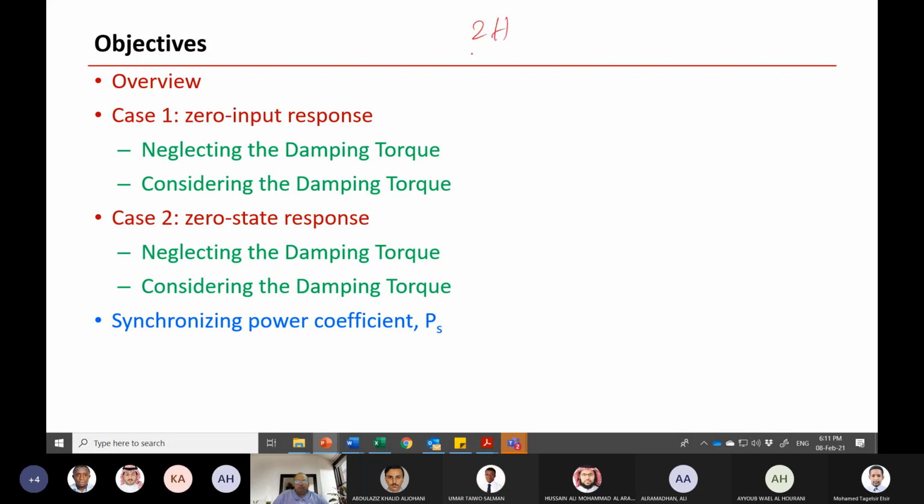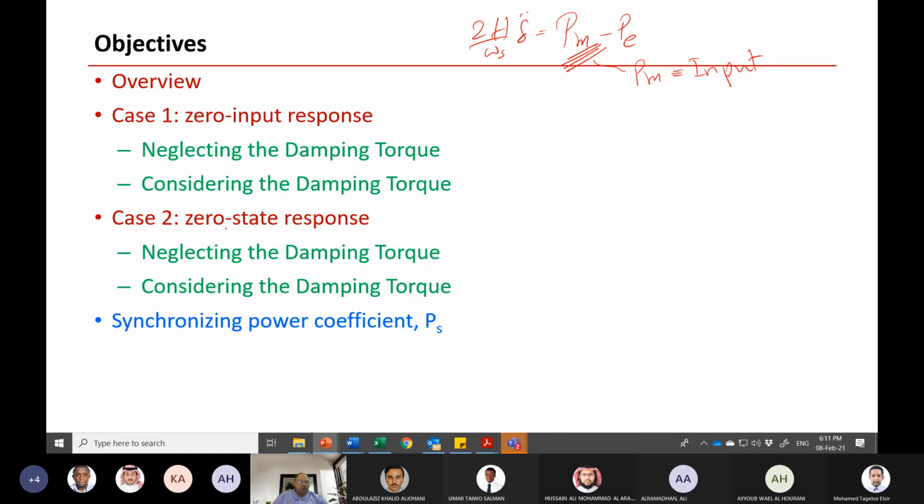Load? Mechanical. P mechanical is our input.